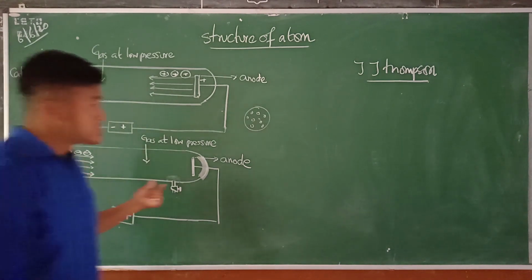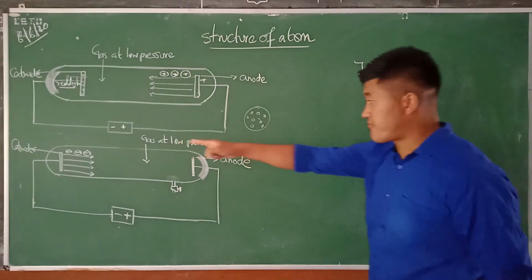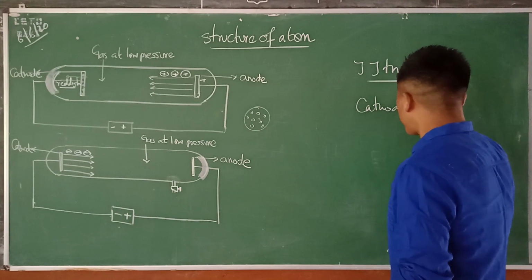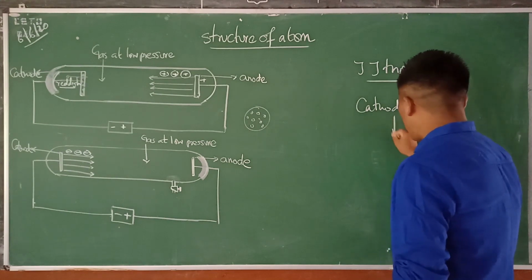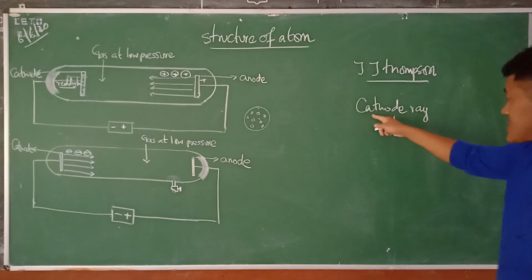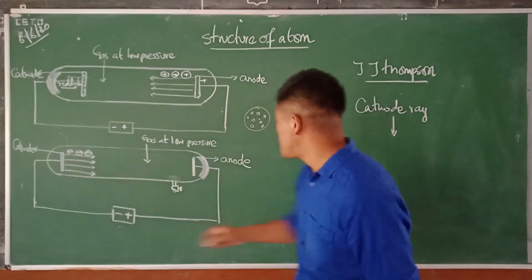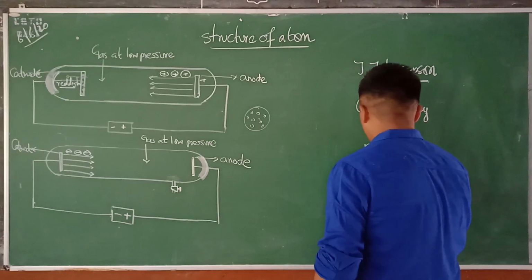Is that clear? So this particular kind of ray is what he termed as cathode ray, which he later said is made up of negative particles, which he called electron.